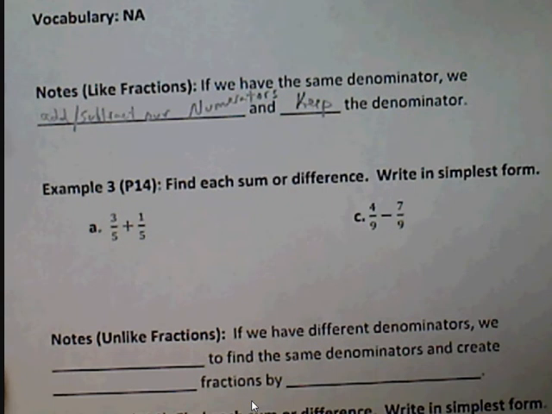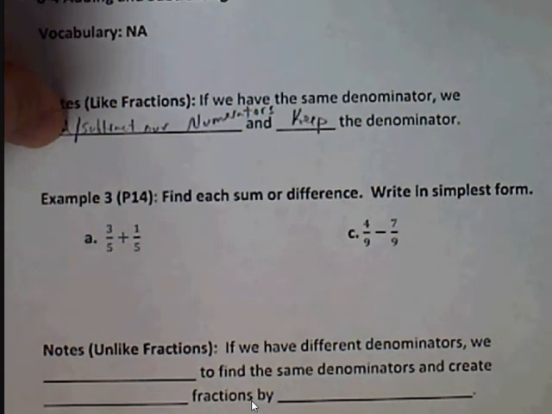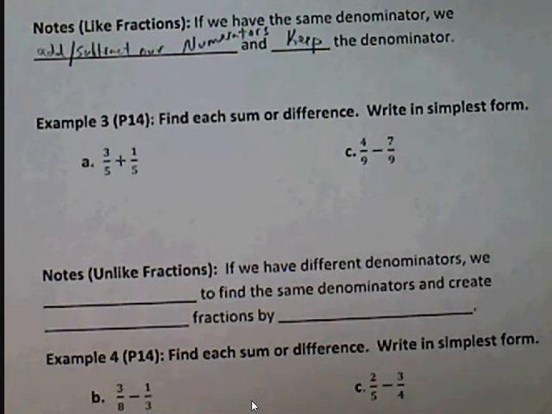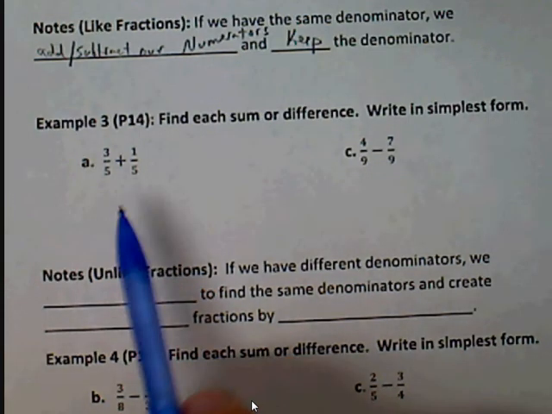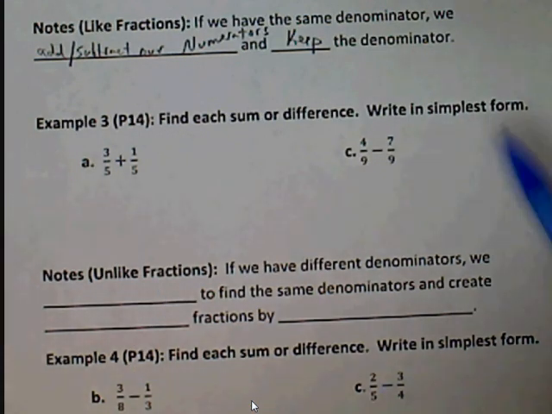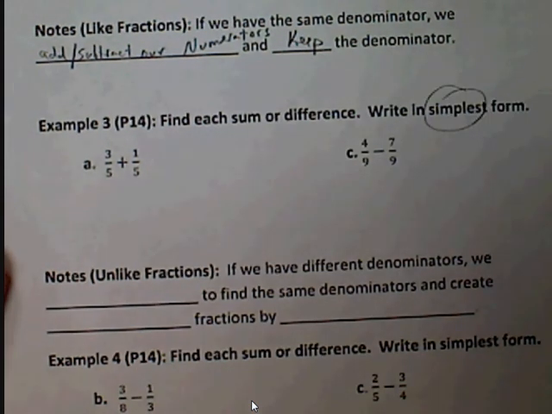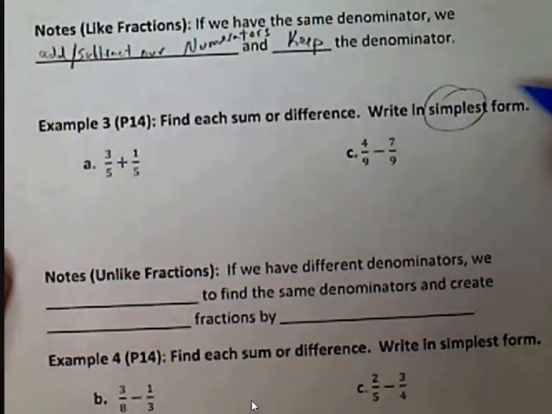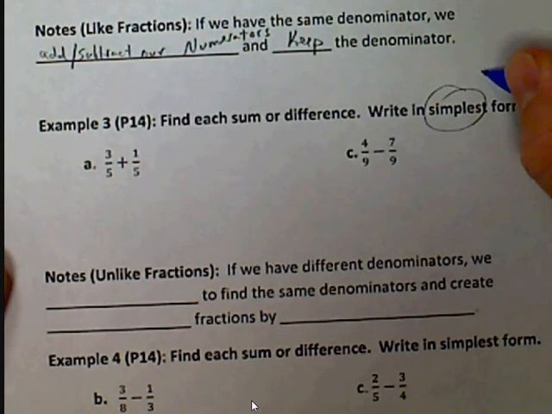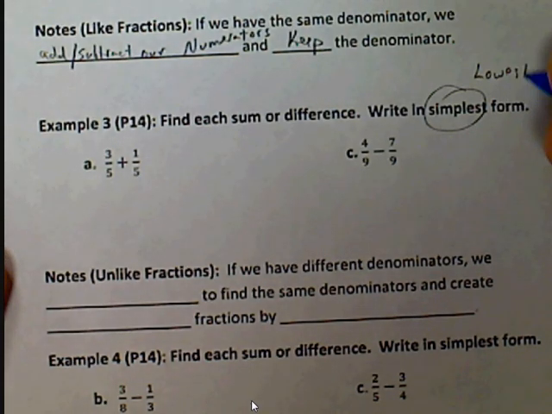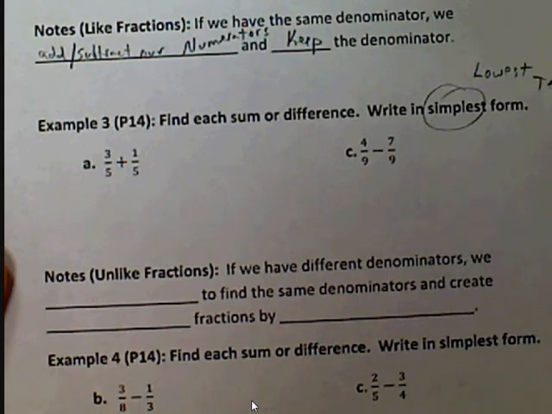So example 3 on P14. It's the same as in your book. It says find each sum or difference, write in simplest form. Okay? Simplest means lowest terms.